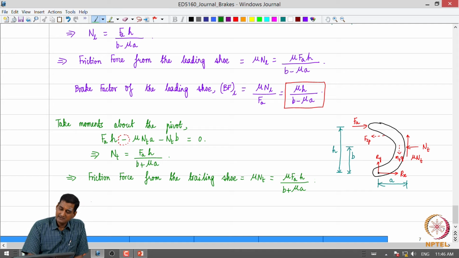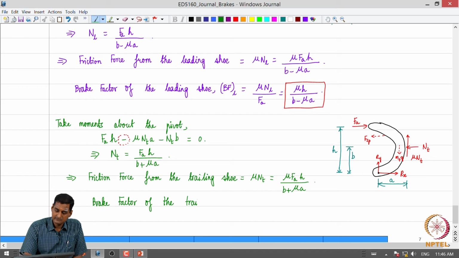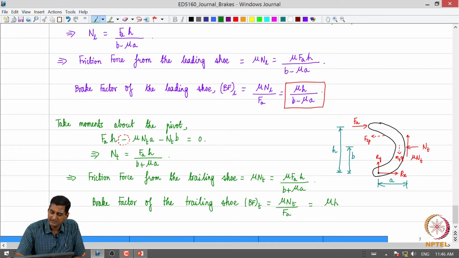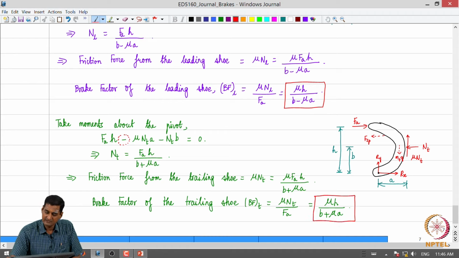And the brake factor of the trailing shoe, let us denote it by BF subscript T, is going to be equal to mu NT divided by FA, which is equal to mu H divided by B plus mu A. So, that is the formula.